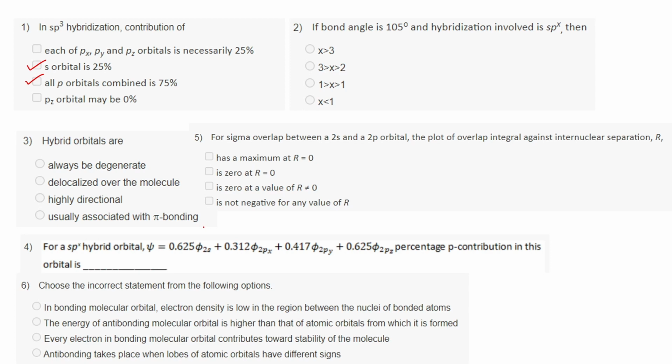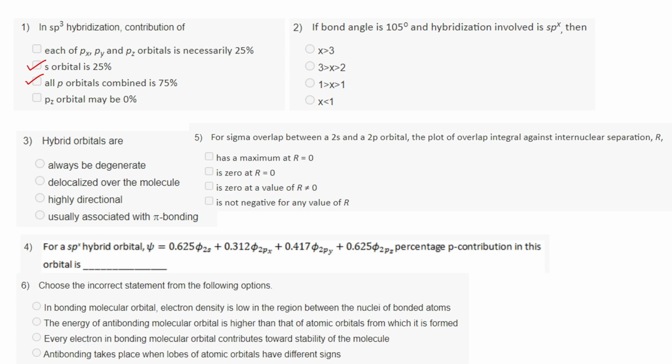So if x is 2, the angle is 120 degrees. For tetrahedral, like methane with sp3 hybridization, the angle is 109.4 degrees, and it is even lesser in this case, which is 105 degrees.